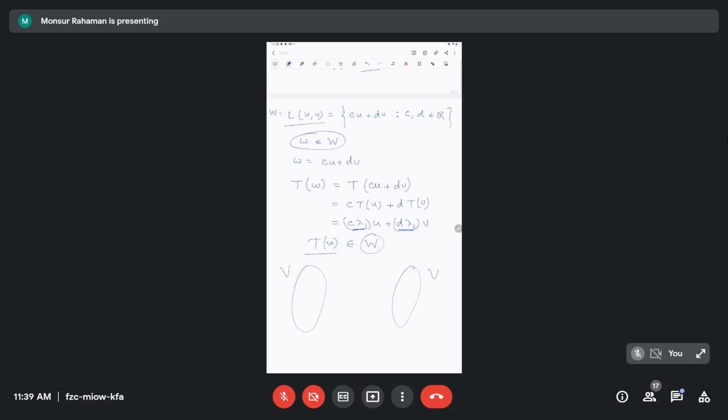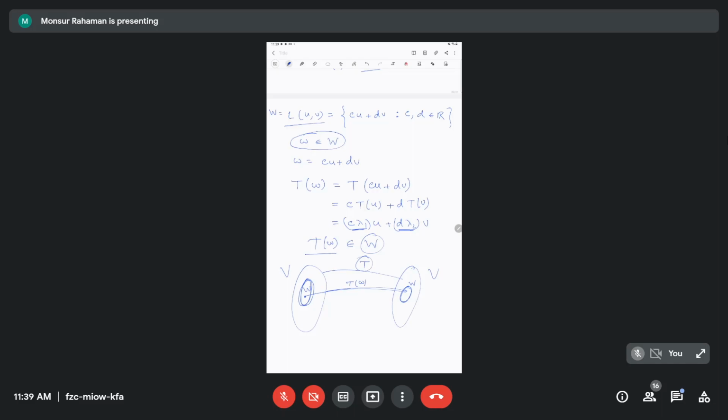Okay. This is V, this is V, this is a linear transformation T, and W is a subspace of V. You are choosing any arbitrary vector and sending it through T. This is again in W. So after sending any vector through T, it also belongs to this vector space W. At that time, you can call W an invariant subspace under this linear transformation.